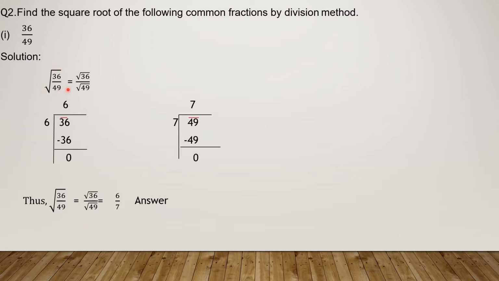As the square root is present on both numerator and denominator, we will put the square root separately on the numerator and the denominator, like we did in prime factorization. Again in the division method we will take separate square roots of both.